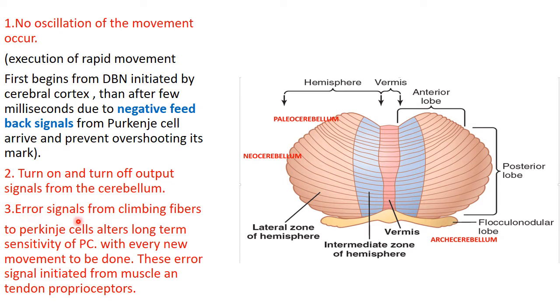Then there are error signals from climbing fibers. It also corrects the errors for each movement, and this is done by the climbing fibers which originate from the inferior olivary nucleus.